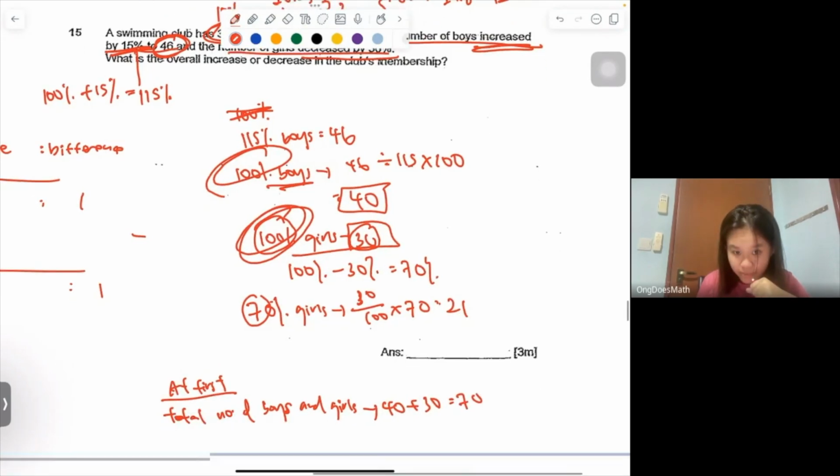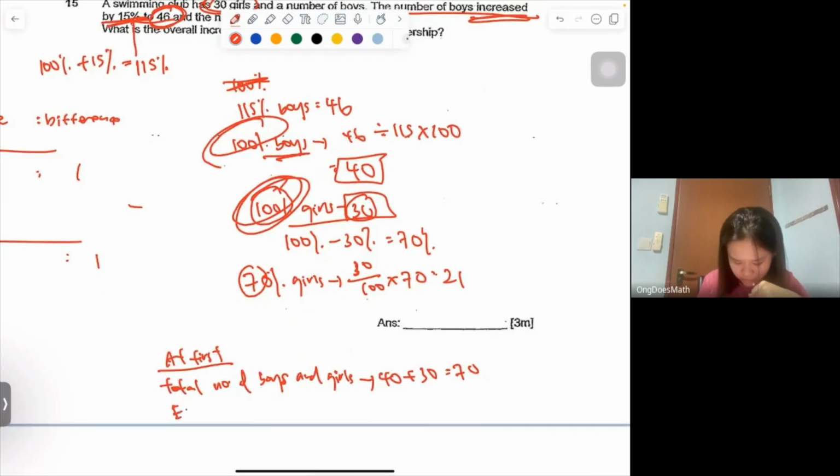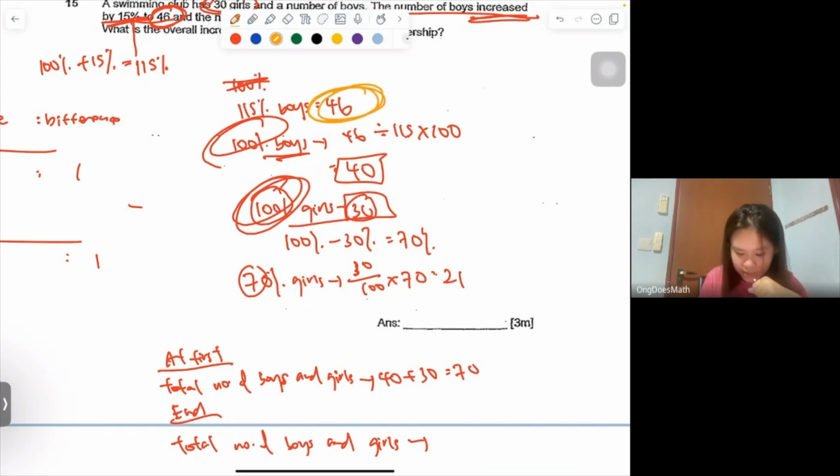In the end, total number of boys and girls became what? Became 46, because increased to 115% for the boys, and became 21 for the girls, because girls decreased by 30%.